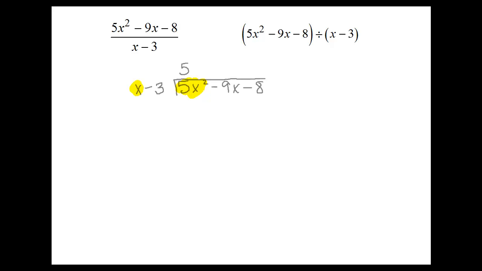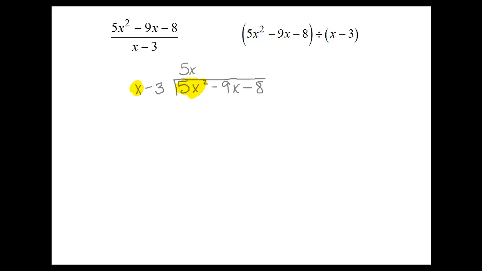And then to get the right power on the x's, I will need to multiply by x. I did that by thinking about the first term and the first term. I can't totally ignore all the other terms, but I'm not going to start by focusing on them. Just the first term inside and the first term outside.